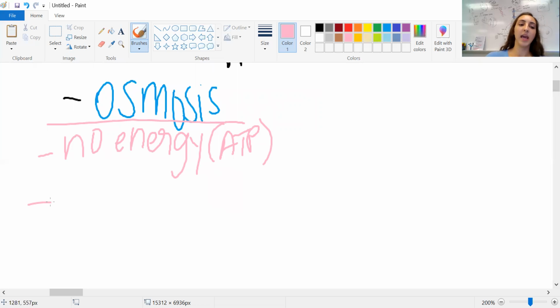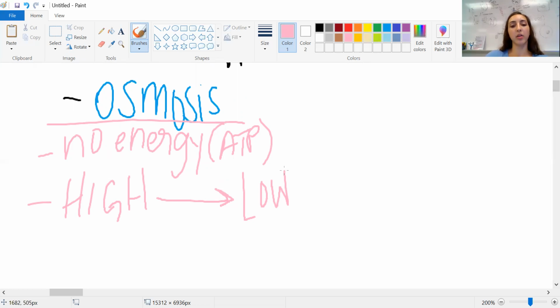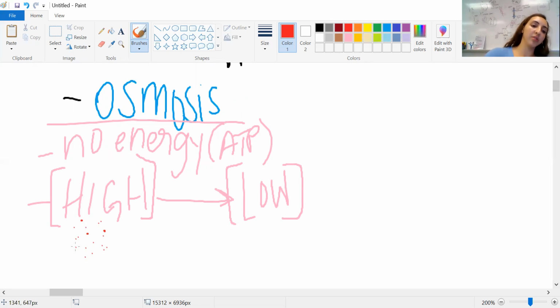And they go from a concentration of high molecules to low molecules, okay? When I say concentration, I mean the amount of particles in one space. So it's going from lots of particles to less particles, solute, right?